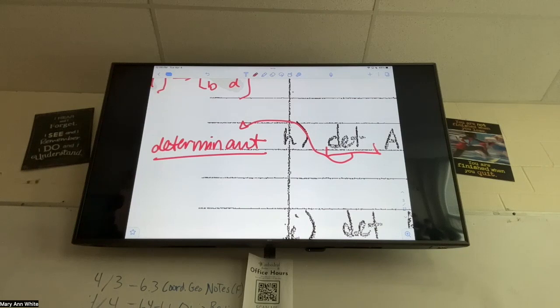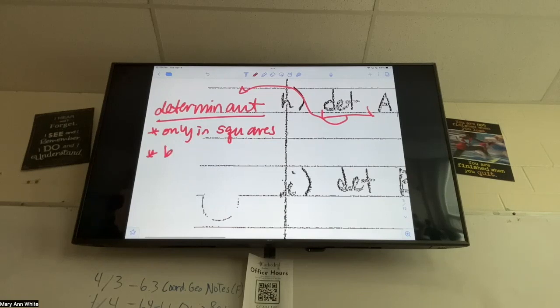Now, determinants can only be in square matrices. And we're going to do it by hand for 2x2s, and then anything bigger, we're going to put in the calculator.